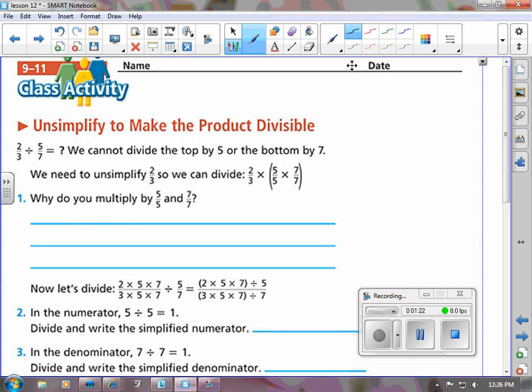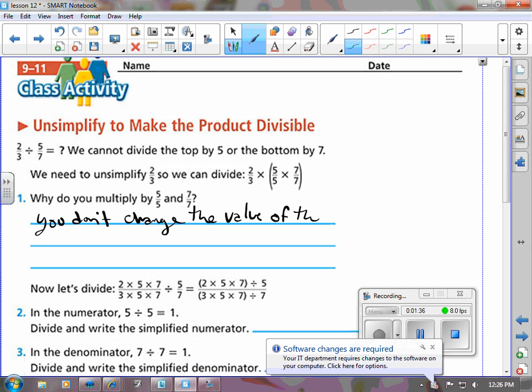That's really the reason that you can do it. If it changed the value of the equation, you couldn't do it.